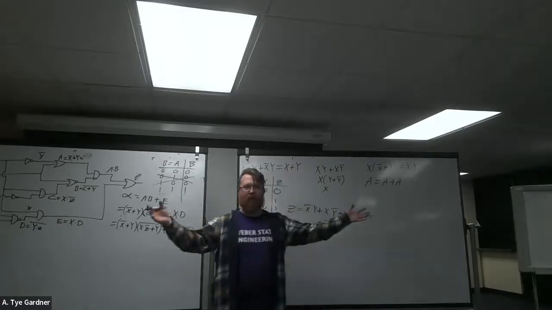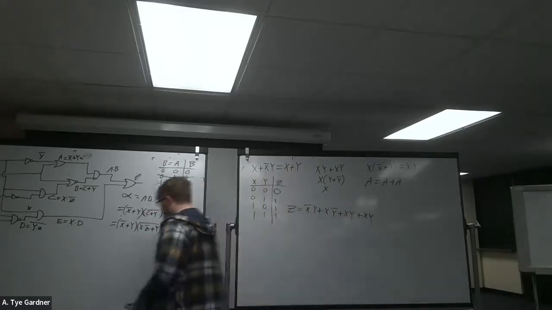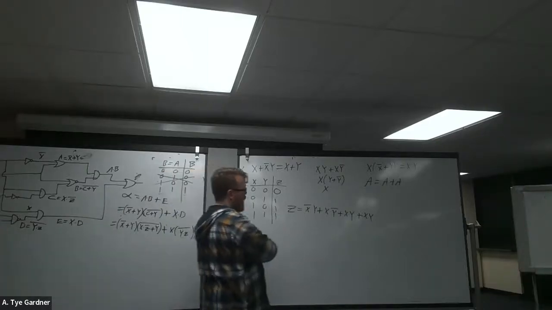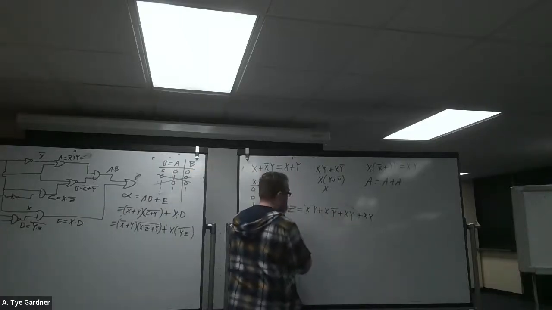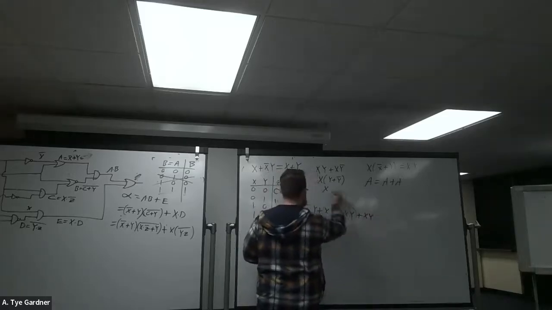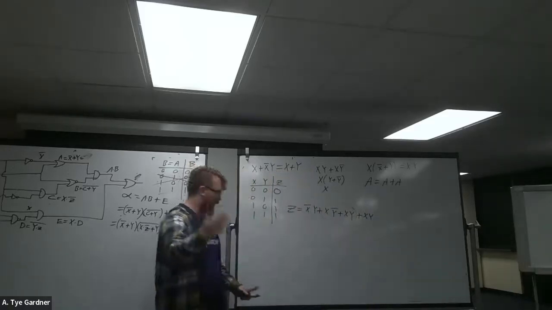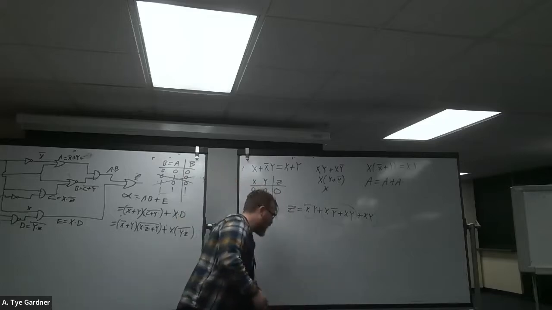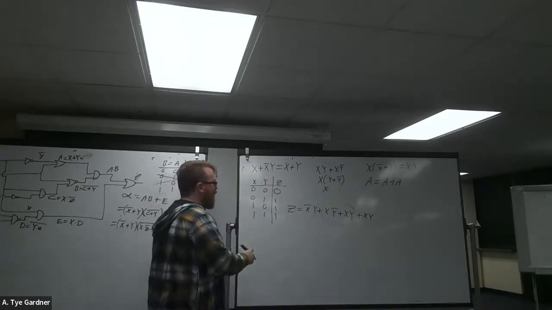I've used one of my theorems in order to make this more complicated so that these two terms are going to play nice together. And those two terms are going to play nice together because they are what is called logically adjacent because they only differ by one term.